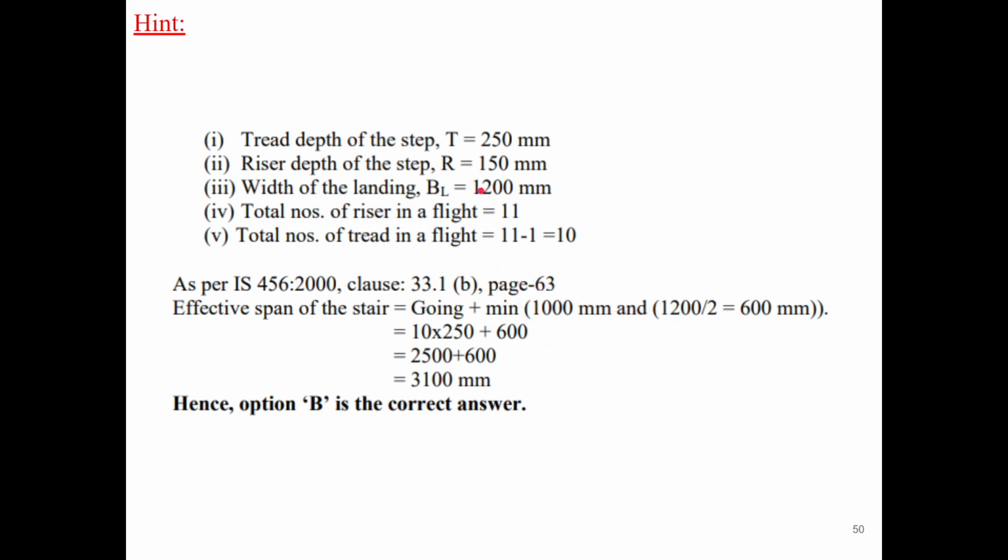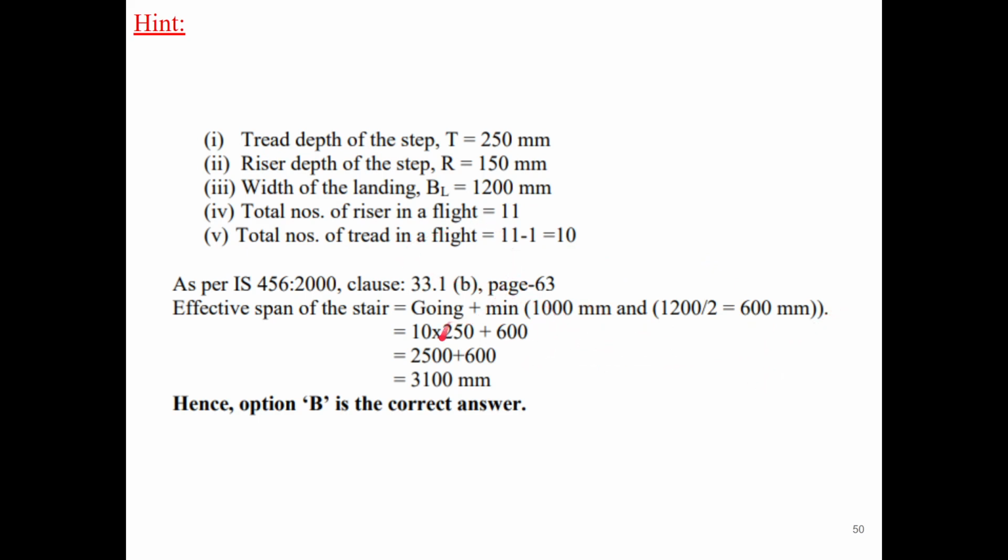If it is greater, then we take the half and find the minimum of 1000 and half of this value. Half of this value is 600, and the minimum of 1000 and 600 is 600 itself. Therefore the y value will be 600.